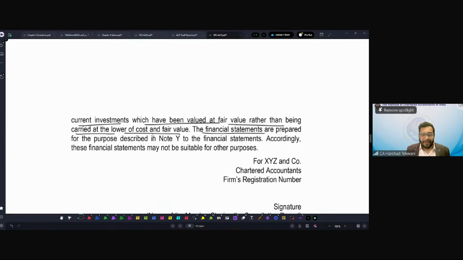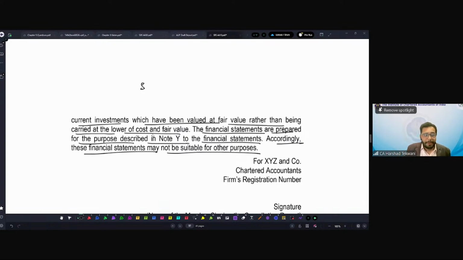These financial statements are prepared for the purpose described in note Y to the financial statements. Accordingly, these financial statements may not be suitable for other purposes. So this is an additional paragraph that we add when there is a modified or special purpose framework.